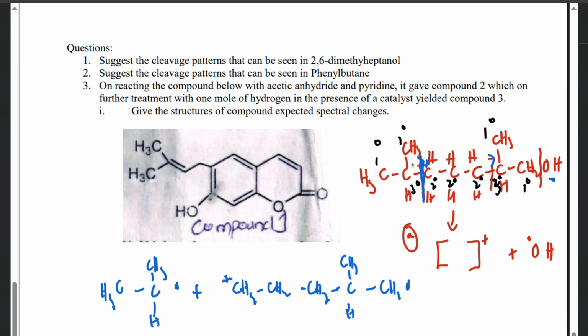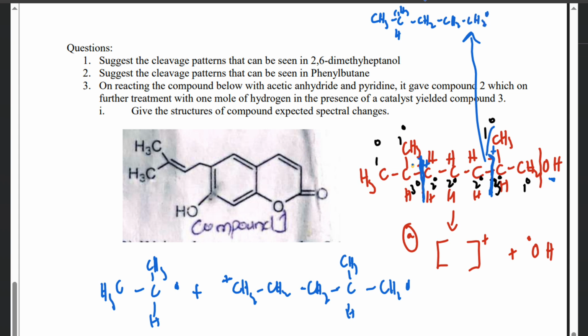When we fragment here, right? This is 2, 3 also. When we fragment here, okay, this one will go as positive. Oh, this should be the most stable one. When we fragment here, actually, we are going to have something like CH3, CH3, hydrogen, CH2, CH2, CH2.